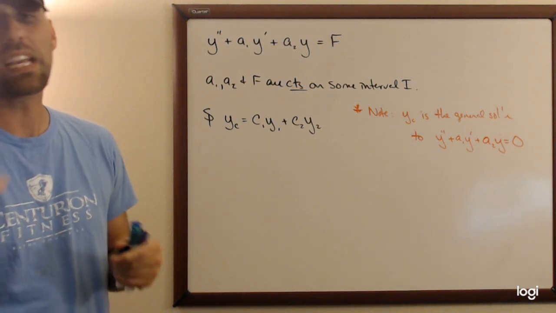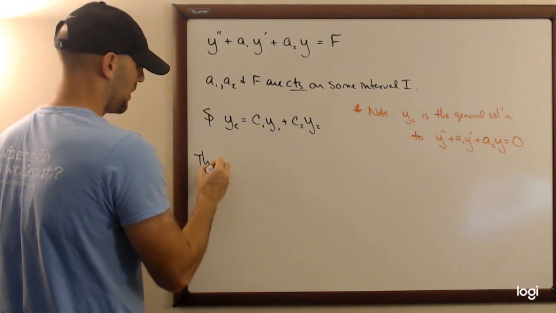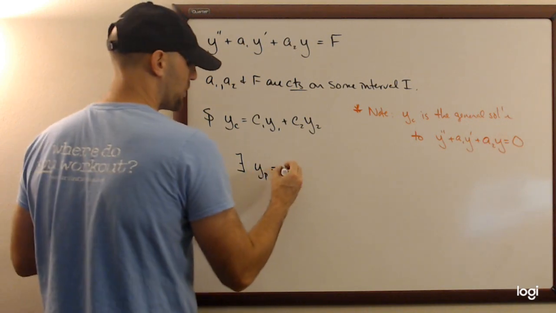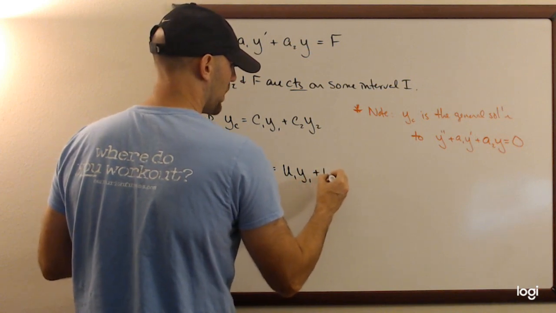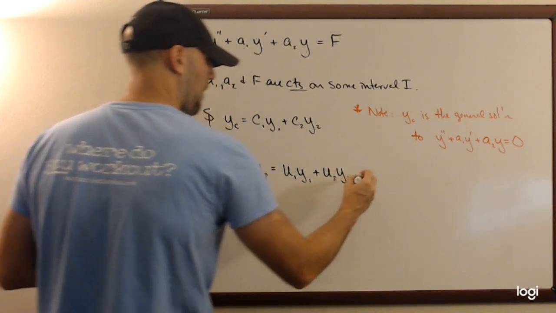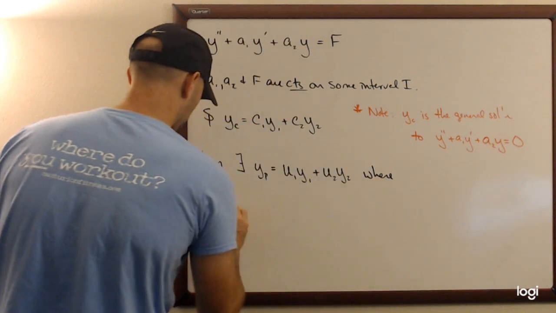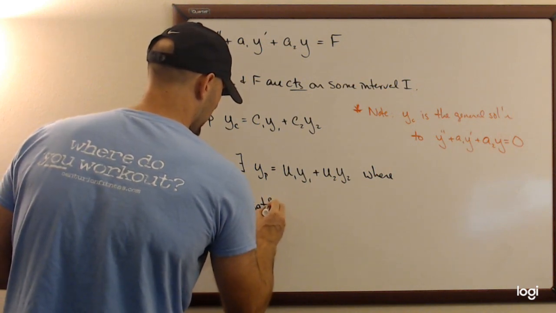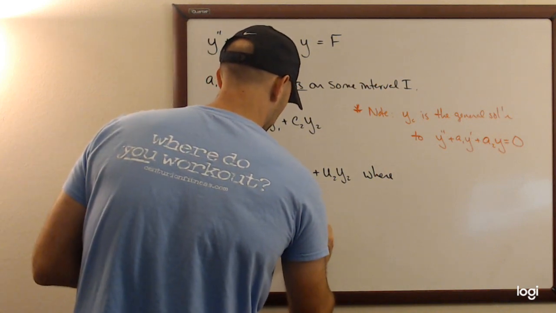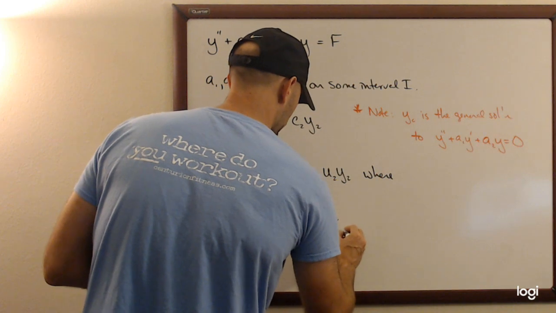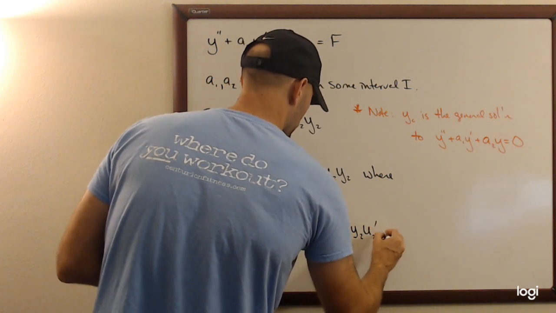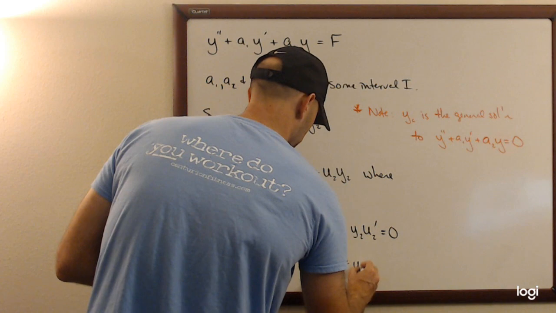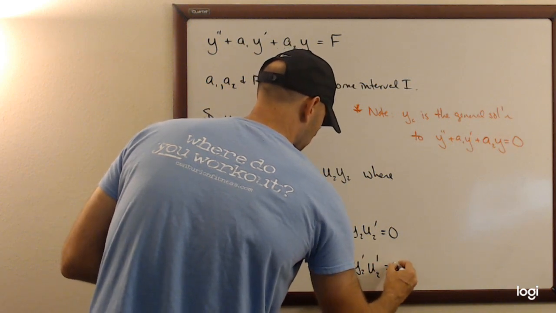There exists a particular solution, y sub p, which is equal to u1 y1 plus u2 y2, where u1 and u2 satisfy the following system. y1 u1 prime plus y2 u2 prime equals 0, and y1 prime u1 prime plus y2 prime u2 prime is equal to f.